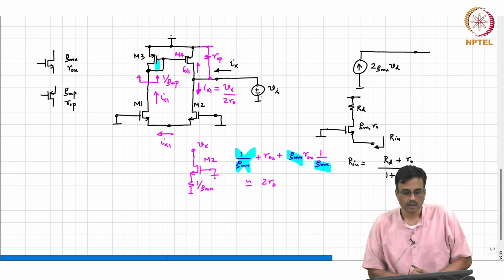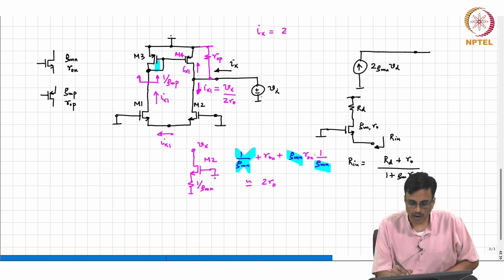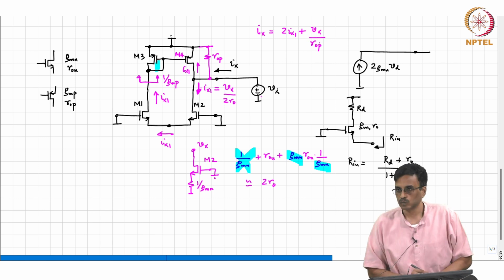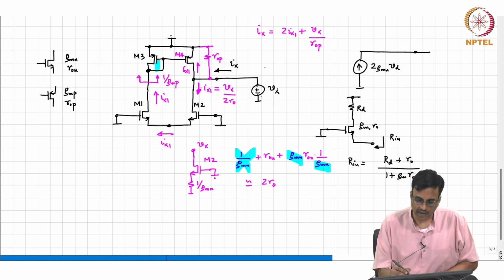All right, and so the total Ix will therefore be equal to 2 Ix1 plus Vx by Ro. Is that clear? It's actually quite subtle, and anyway, I will come to the final result and then we will discuss it. So, what is Ix1?